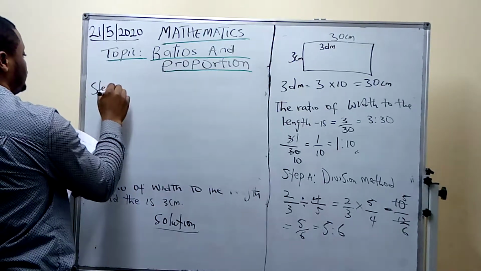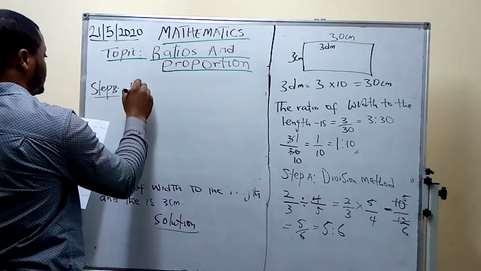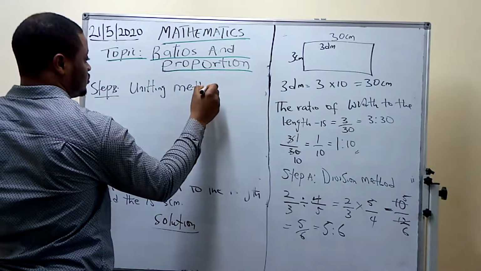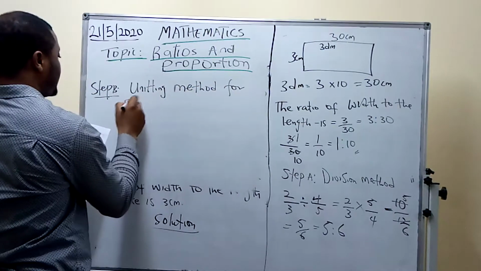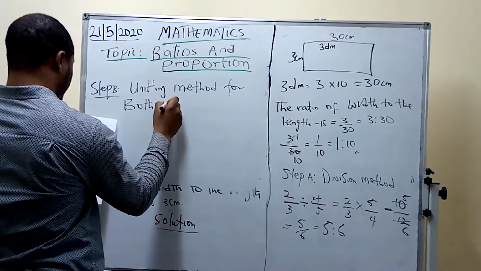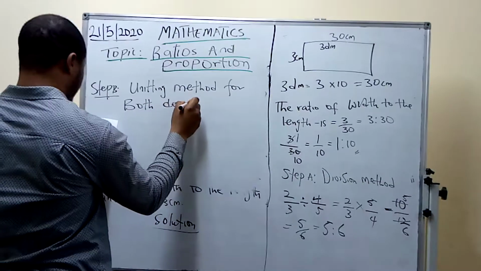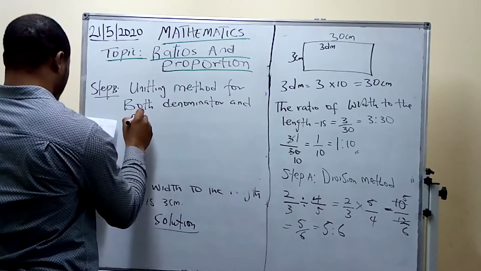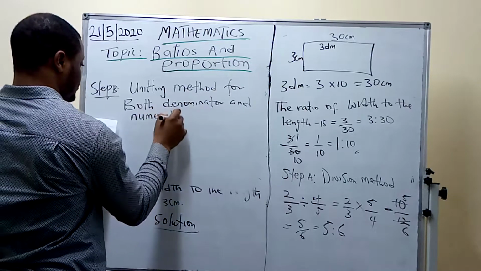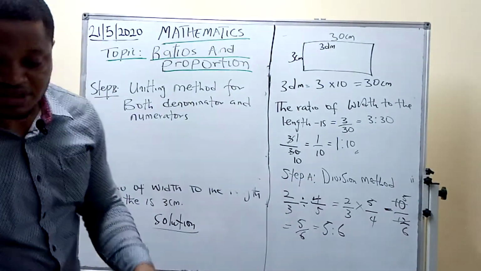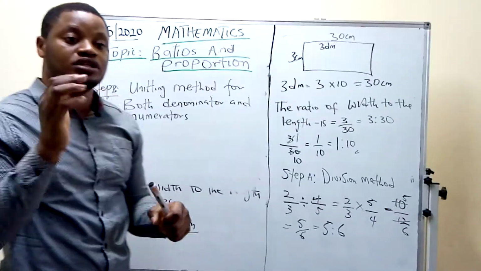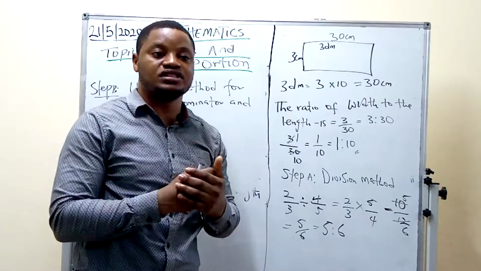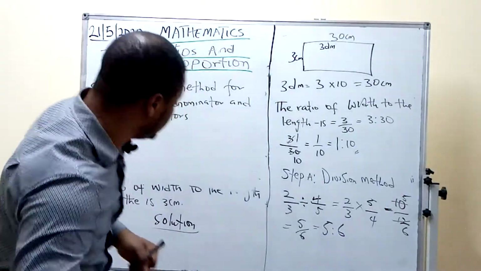Step 2, uniting method for both denominator and numerator. Now in these steps you will involve LCM. You are going to involve what? LCM. Now let's see how it goes.